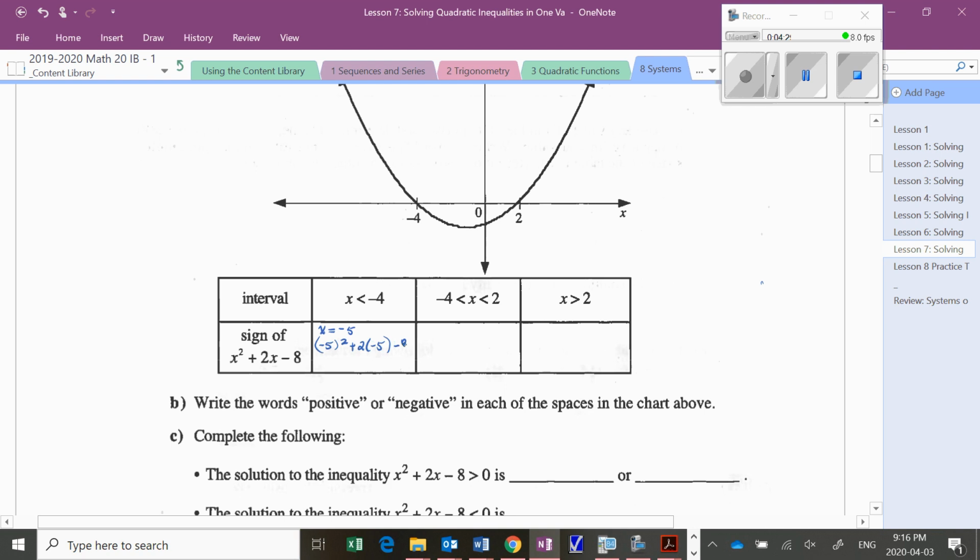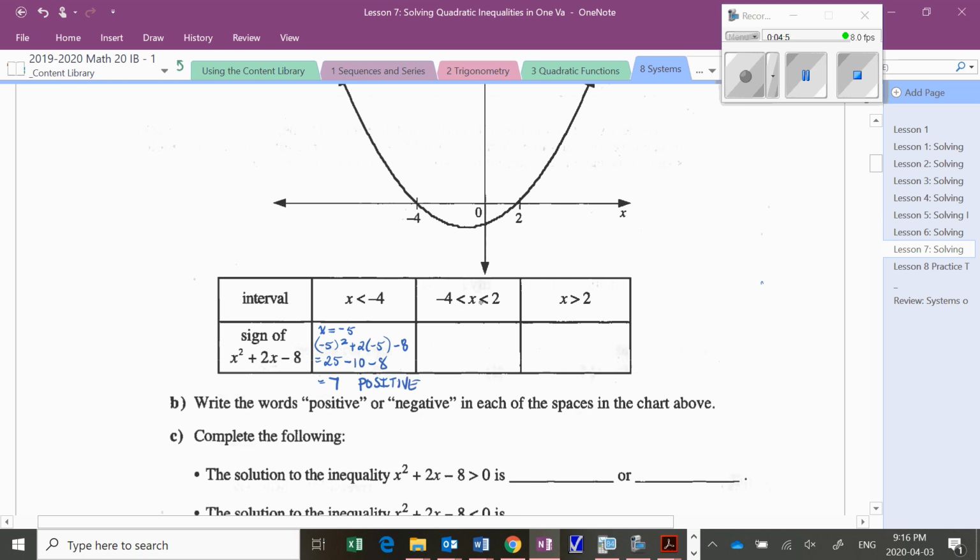Okay, and so -5 squared is then 25 minus 10 minus 8, and that gives us +7. And so we can see that the value of our function is going to be positive.